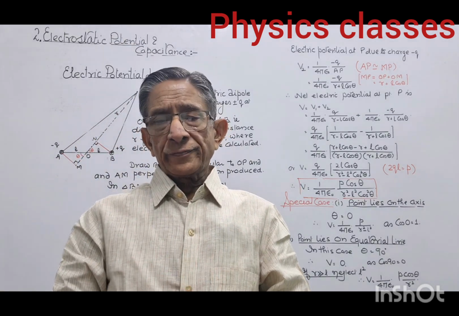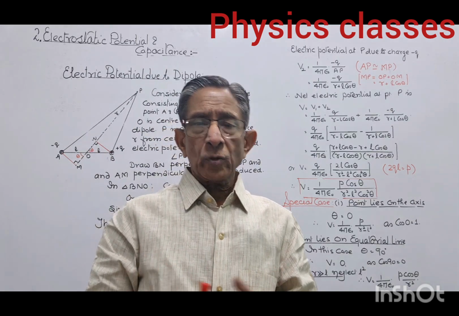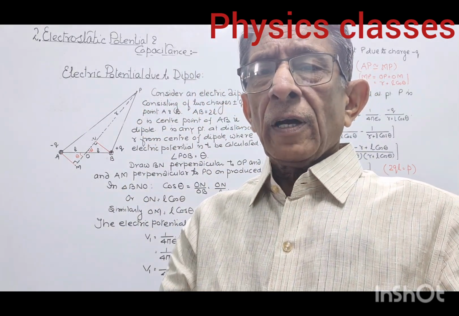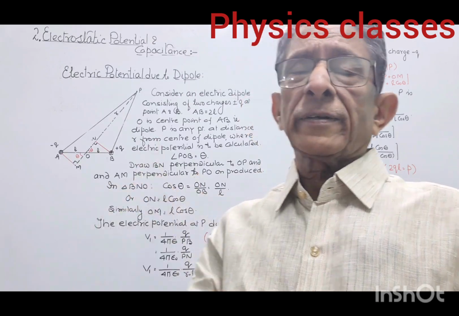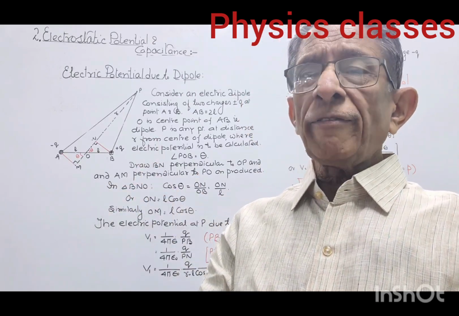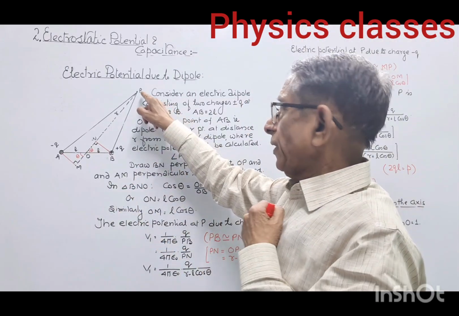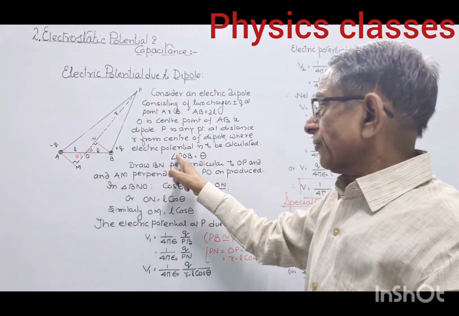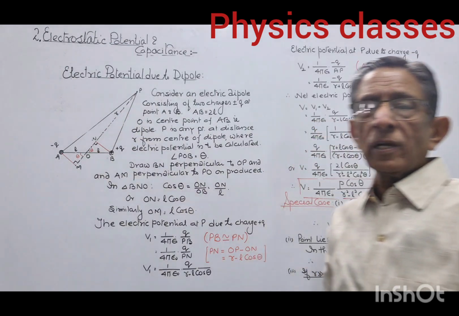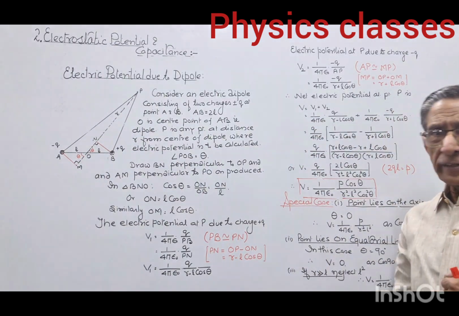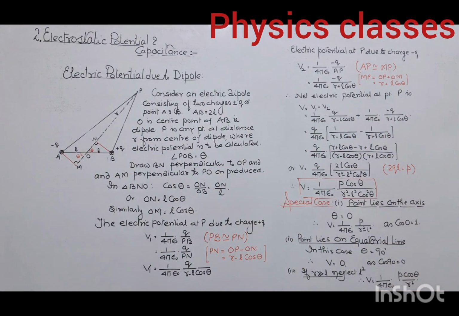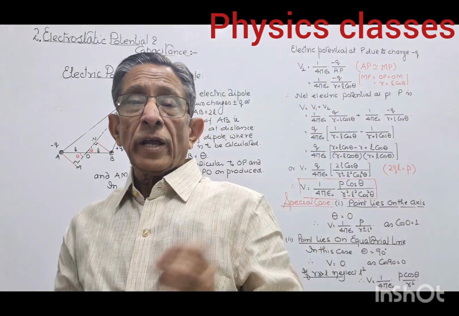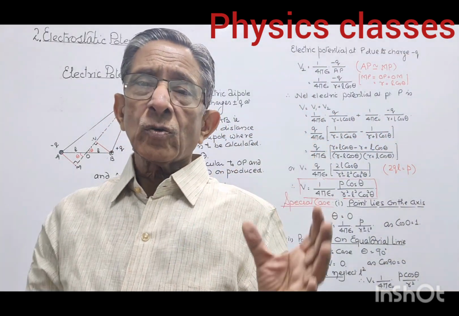So rather than calculating electric potential in two different positions, I am going to use a general method with the help of which I will calculate electric potential at a point which is neither on the axis nor on the equatorial line. Then I shall tell you how, with this single method, you can calculate electric potential on axis or on equatorial line.